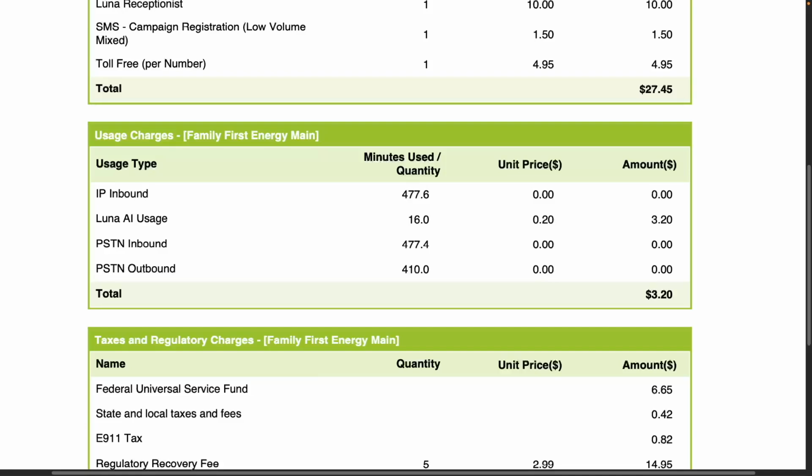Now, on this invoice, most usage, such as inbound and outbound calling, is included at no additional cost. The only billed usage here is Luna AI, with 16 minutes at 20 cents per minute for a total of $3.20. Luna AI includes 100 minutes each month, and any additional usage is billed at 20 cents per minute.